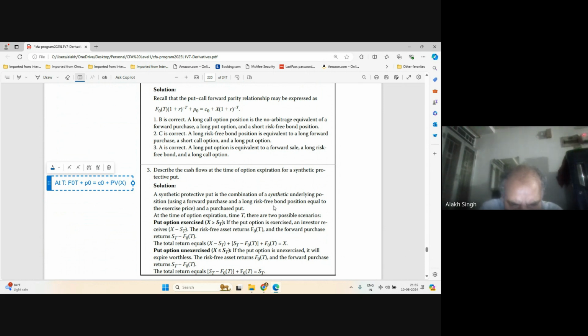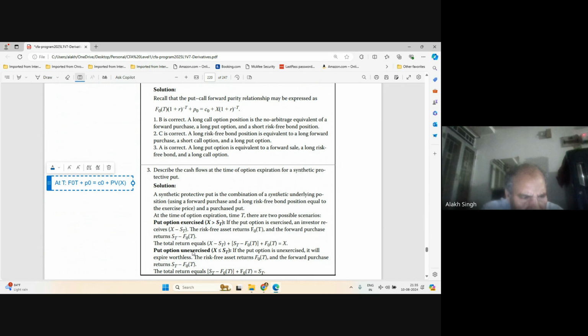At the time of option expiration T, there are two possible scenarios: whether the put option is exercised or not. If exercised, the price is less than the exercise value, so the investor receives X minus ST and the risk-free return F0T. He also receives this.